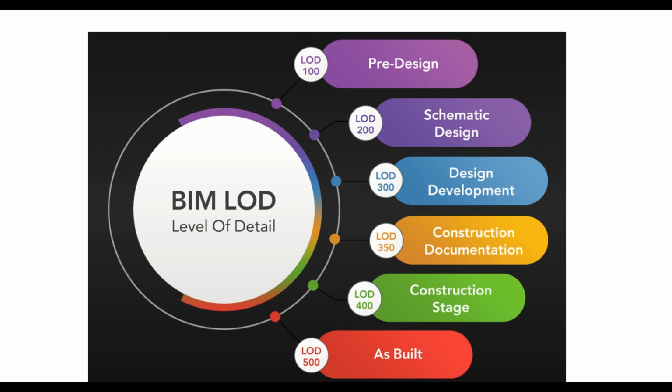Again, renovation stuff is similar. For example, we have done this model in 2024 and we have gone for LOD 500. So technically, we have the latest drawings and the model that is on site, and now after 30 years, some demolition has happened to that particular building.